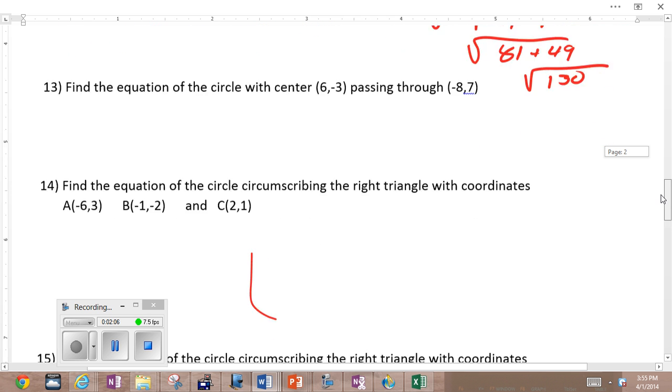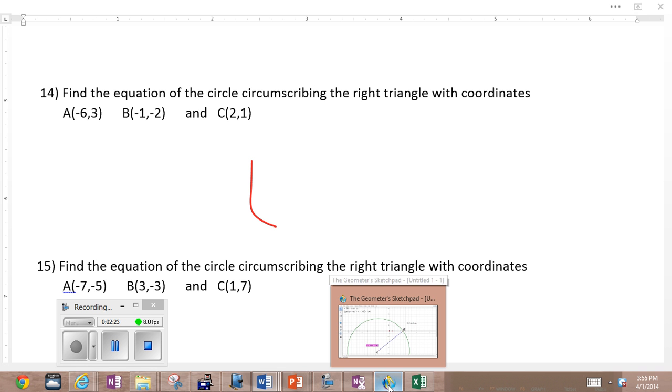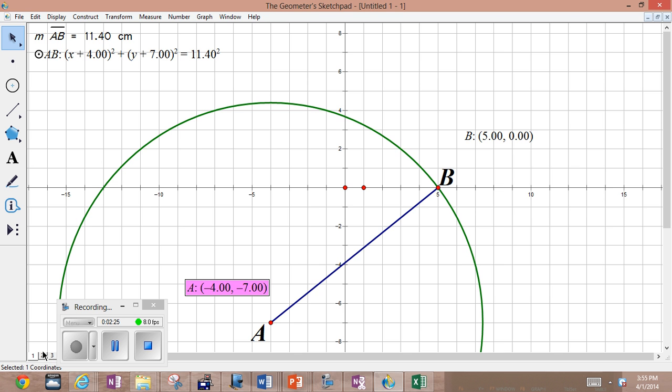Okay, let's take a look at number 14. Find the equation of the circle circumscribing the right triangle with coordinates (-6, 3), (-1, -2), and (2, 1). Again, I'm going to first take a look at that through Sketchpad.